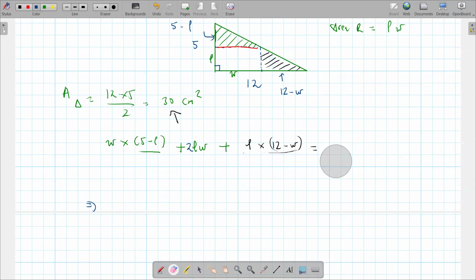We're done with fractions. Now let's open the brackets. So this is going to be 5W minus 5L plus 2LW plus 12L minus LW, equal to 0.